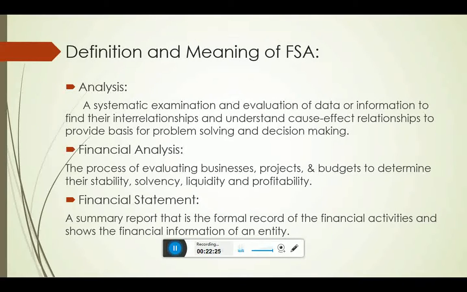And the financial statements, five or four, that we have are the income statement, the balance sheet, the cash flow statement, the owner's equity statement, and notes to financial statements, right?